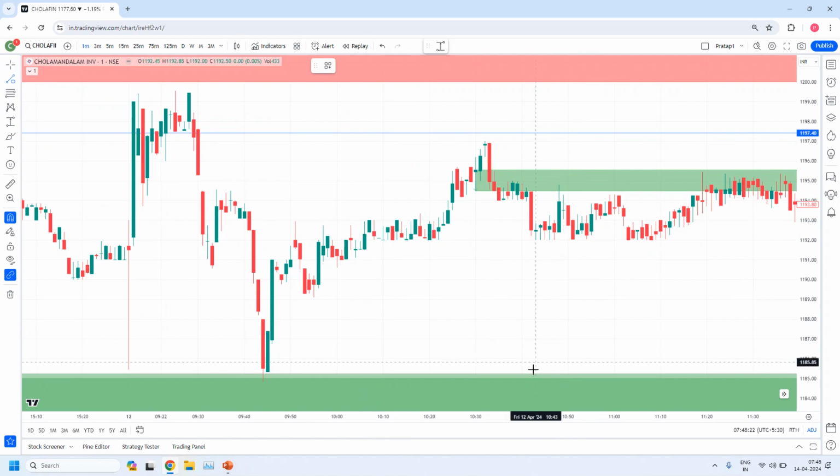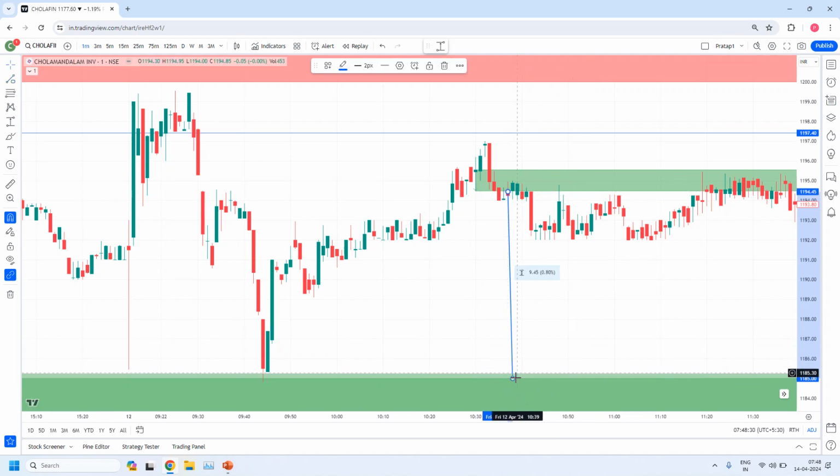See the info line from here to here. So around 9 rupees 45 paise you captured as profit from here to here, because the price failed to reach your target.